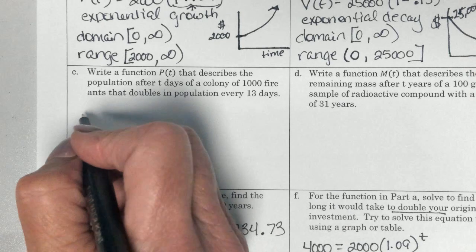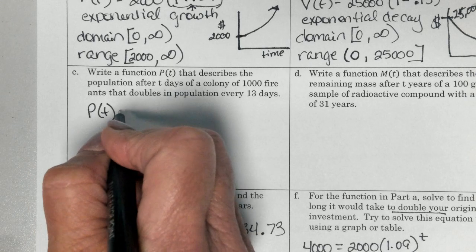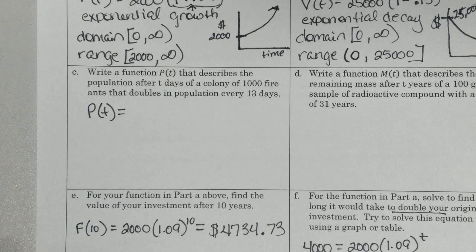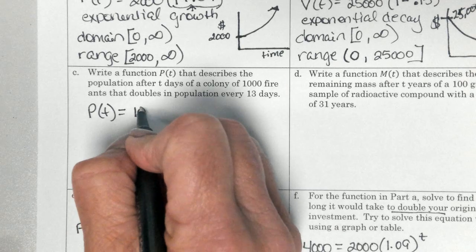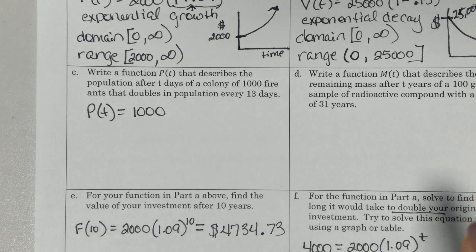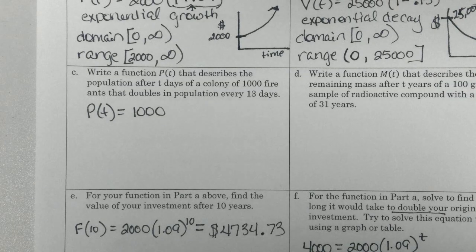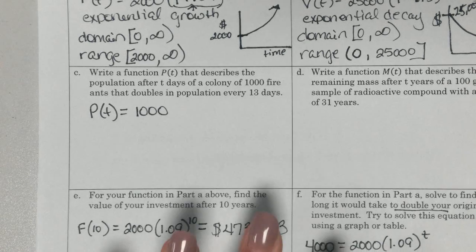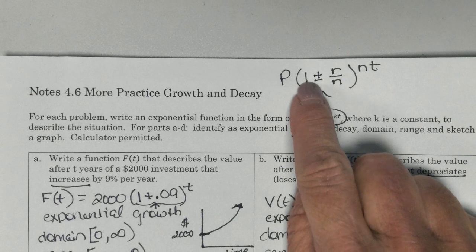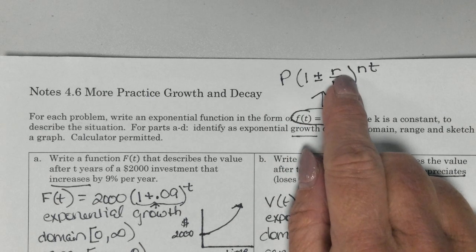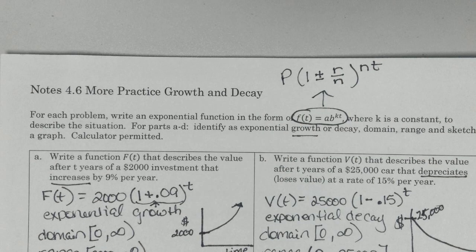Okay. So we've got P of T, the population over time. And what are we starting with? 1,000 ants. Okay. Now, if it's going to double, here's a way that I want you to write your base number. If we look at it in this form, 1 plus the rate, okay, so it's growing 100%, right?